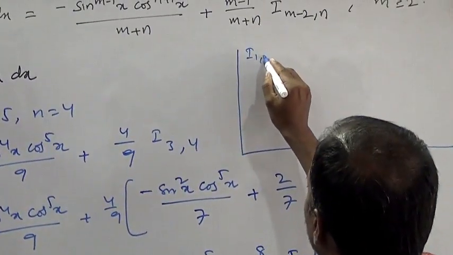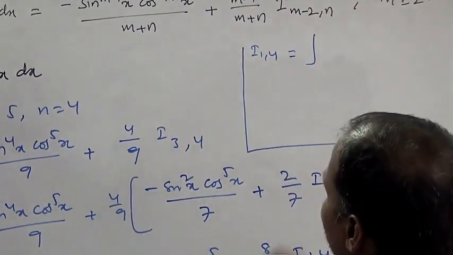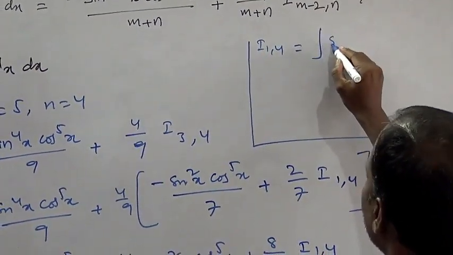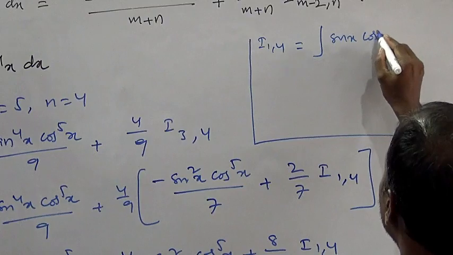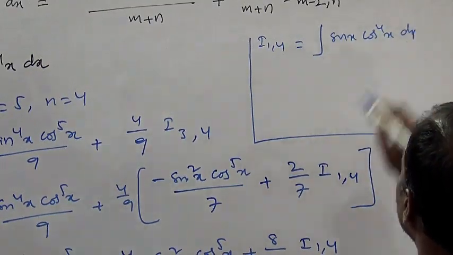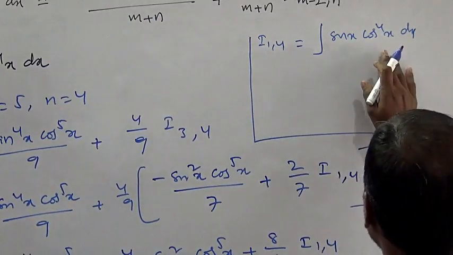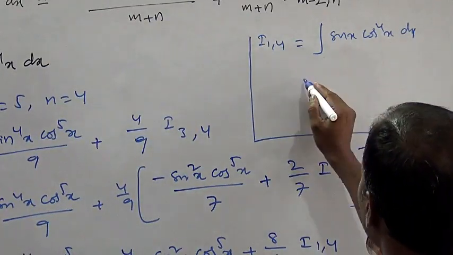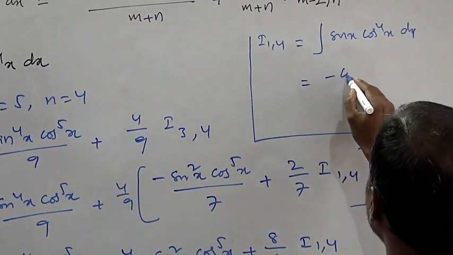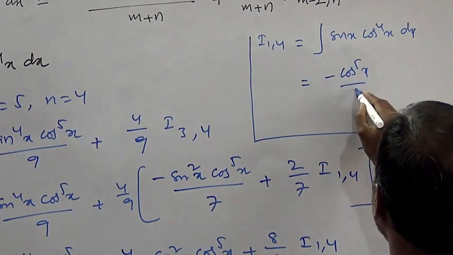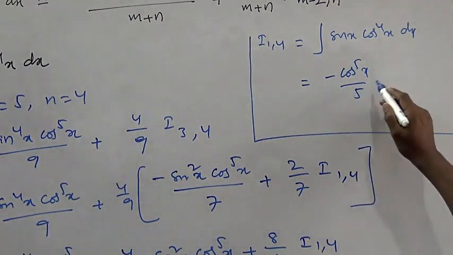I(1, 4) equal to integral sin x cos power 4x dx. This is of the form integral f of x power n into f dash x. The derivative of cos x is minus sin x. So this is equal to minus cos power 5x by 5.